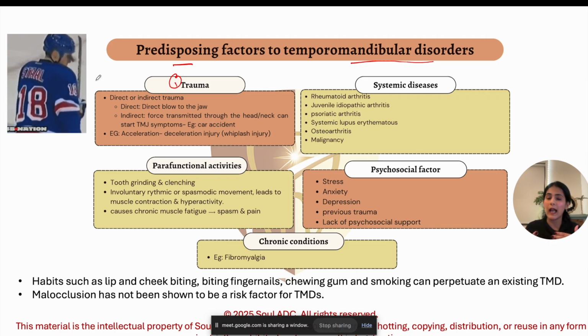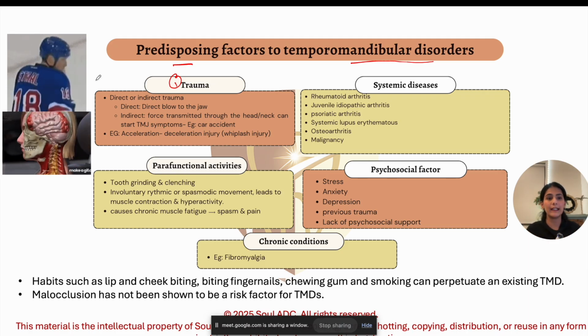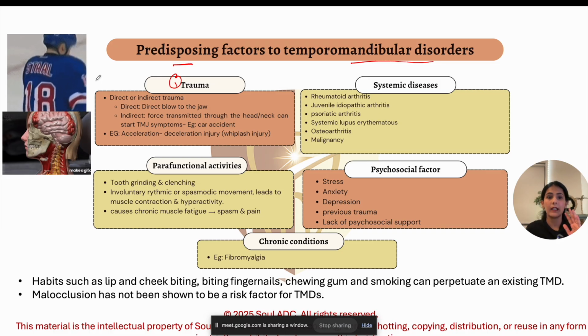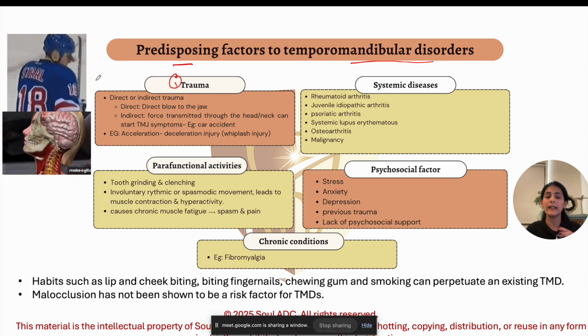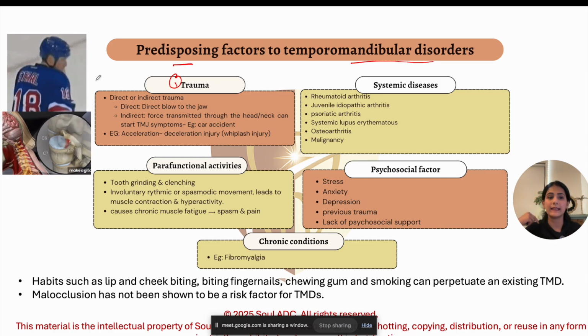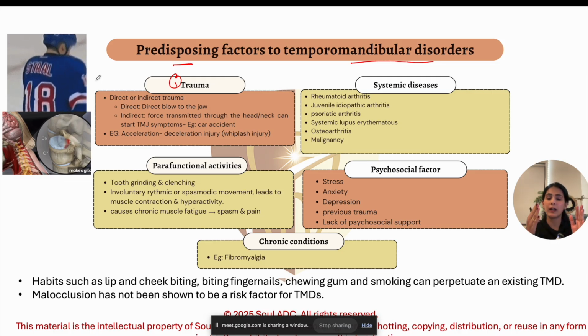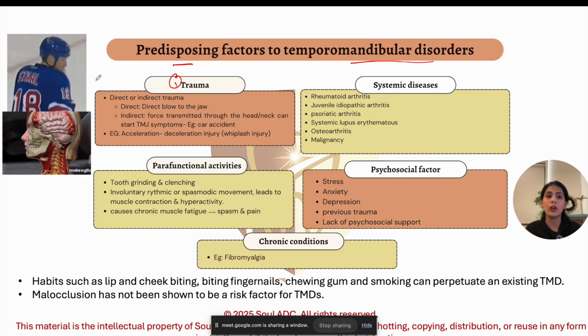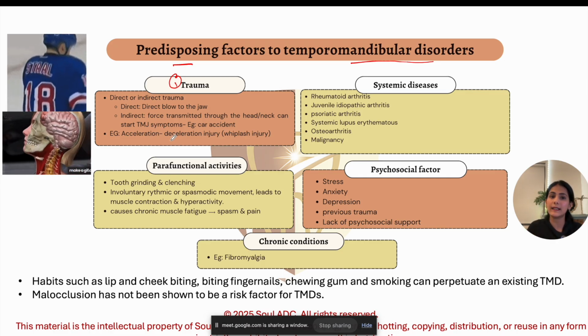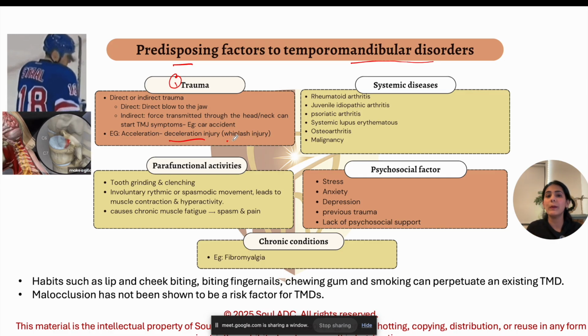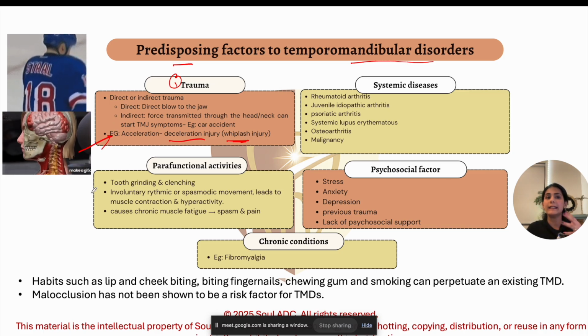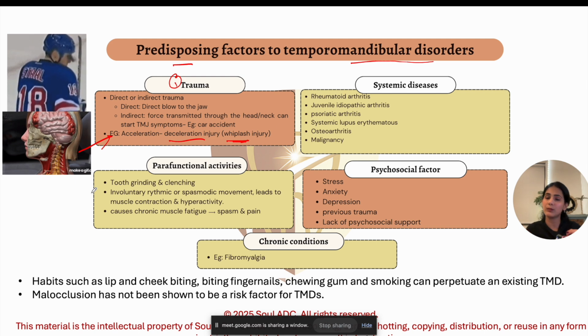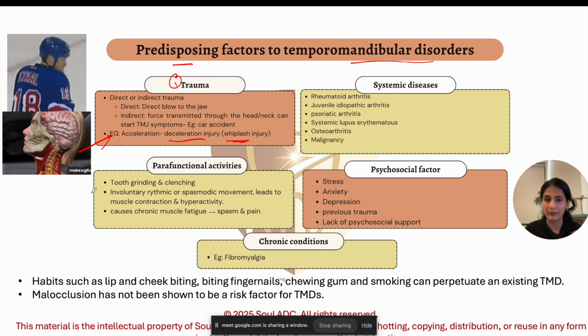For example, if you were in a car accident, your head and neck get hurt, and that will transmit the force towards your joint. That is called an acceleration and deceleration injury, or a whiplash injury. These are both predisposing factors in causing trauma.